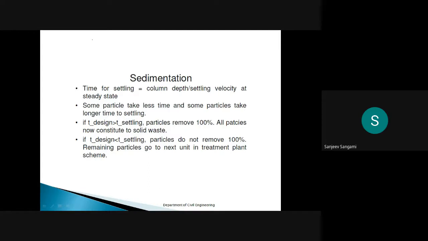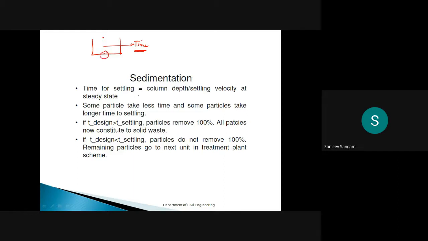For example, in a tank you have one particle. If this particle is at this position, how much time is it taking to settle at this place?